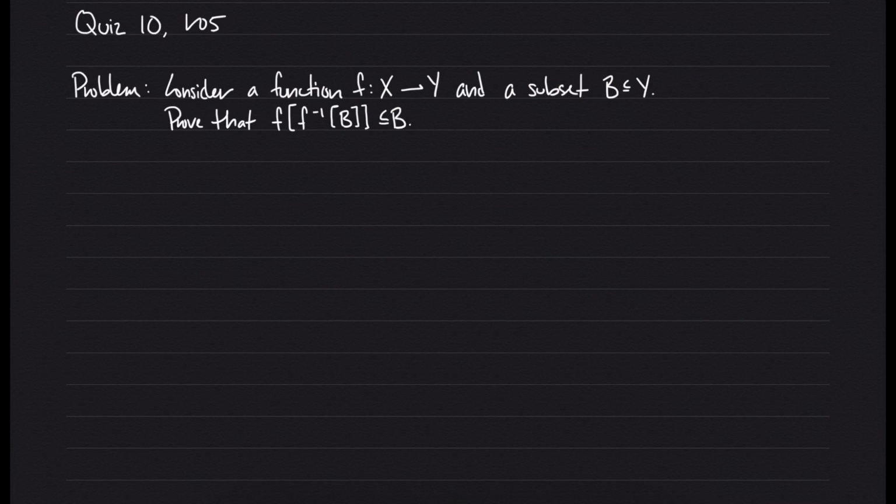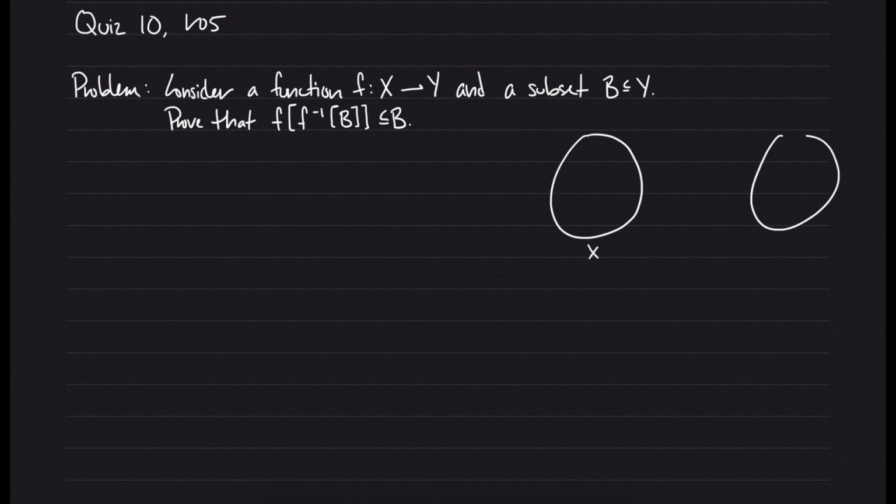Okay, so now let's look at the next question. This is very similar, just kind of the opposite. So let's consider again a function f from X to Y, and now we've got a subset not of the domain but of the codomain, and we're calling that subset B. And we want to show that if we take the preimage of B and then the image, we get something inside of B. So let's draw a picture first of all.